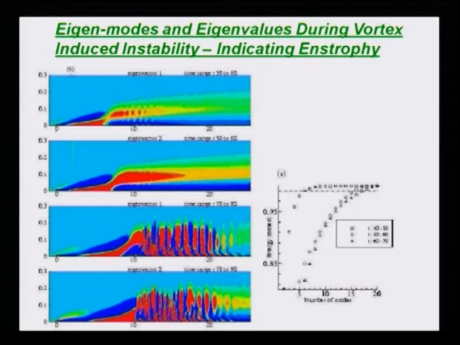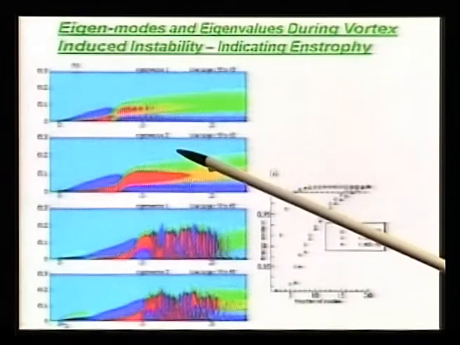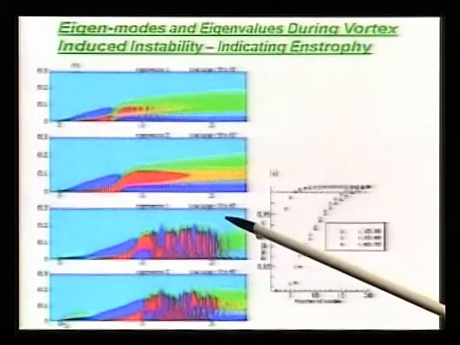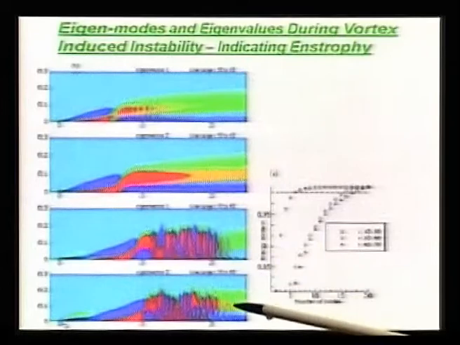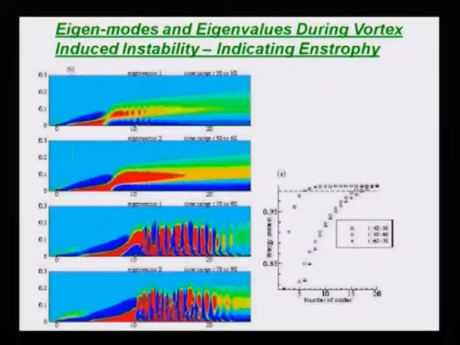And what we can do is we can actually compare, let us say, the eigenmodes, eigenvectors at 2 time intervals. These two are eigenvectors 1 and 2 during time interval 50 to 60, and these are the same 2 eigenvectors, but now during the time interval of 70 to 80. Well, direct comparison will tell you what is really happening.